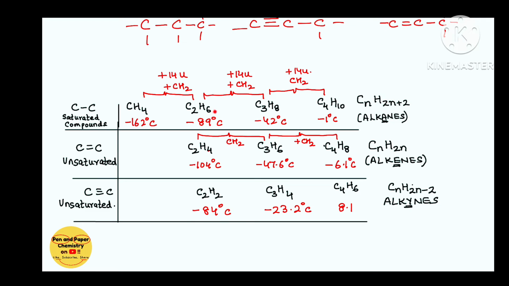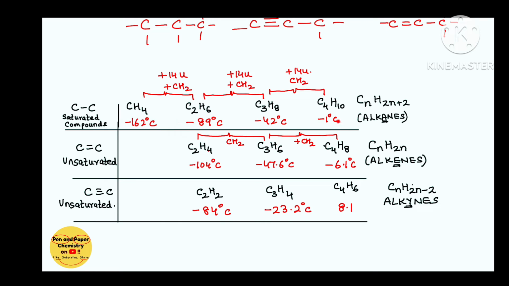So you notice that there is a change in state as well. If you tabulate the data, which you don't actually have to do, this data I have put in only to make you understand things. You do not, I repeat, you do not have to learn this data at all. Even we don't learn. We just check it online.